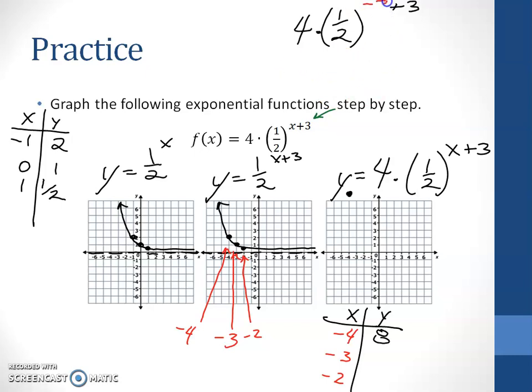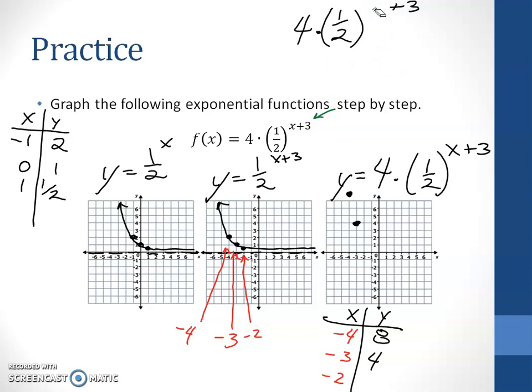Next one I'm going to plug in is negative 3. Negative 3 plus 3 gives me 0. 4 times 1/2 to the 0 power. Well, anything to the 0 power is just 1. And 4 times 1 gives me 4. So negative 3, 4 will be a point on that graph. And then the last one I have is negative 2.